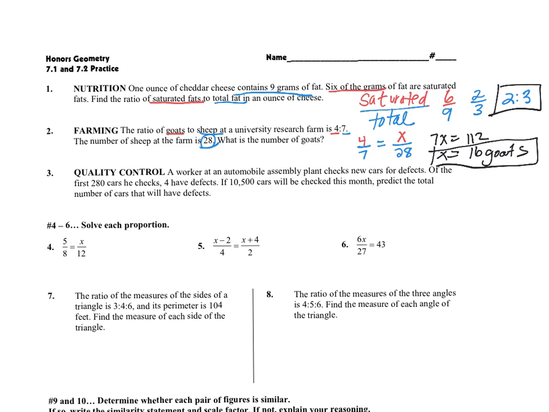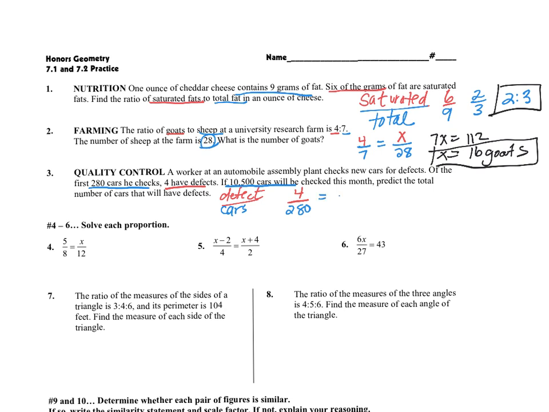If we look at the number of cars that have defects to the total number of cars, the number of defects found in the 280 is 4. So that is 4 out of the 280 that were checked.